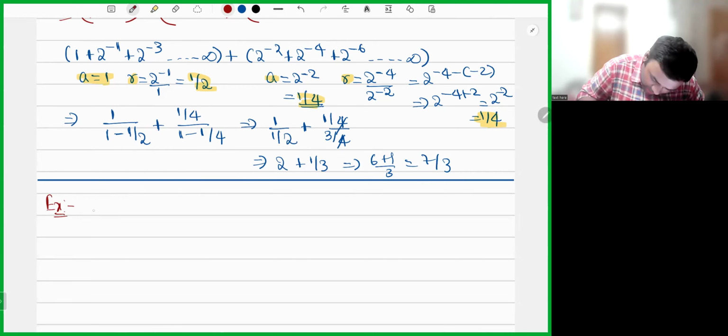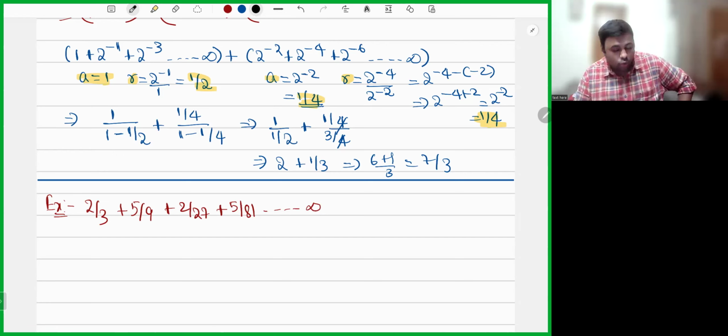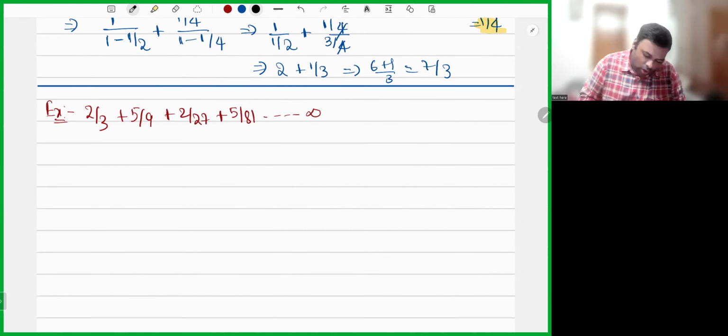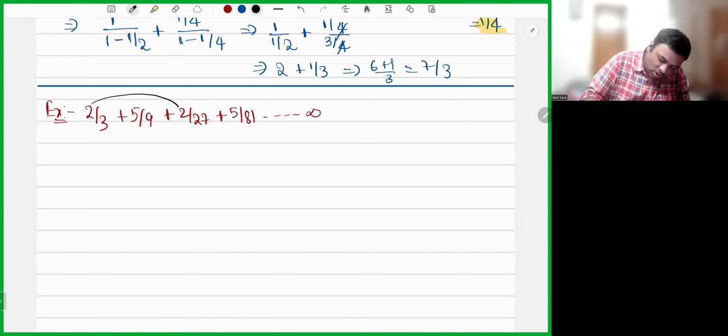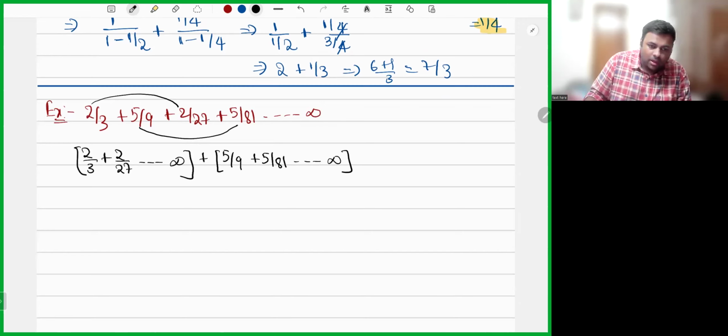2 by 3 plus 5 by 9 plus 2 by 27 plus 5 by 81, so on till infinity. Again, same. What you will do, you will group them and you will solve. All the 2 terms I'll group at one place, all the 5 terms at one place. 2 by 3 plus 2 by 27, so on till infinity, plus 5 by 9 plus 5 by 81, so on till infinity.